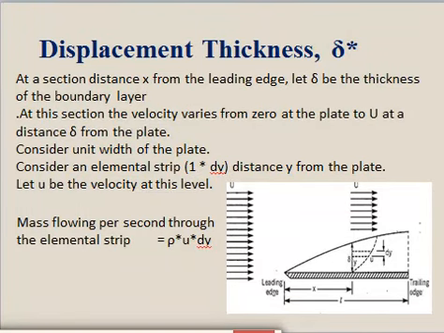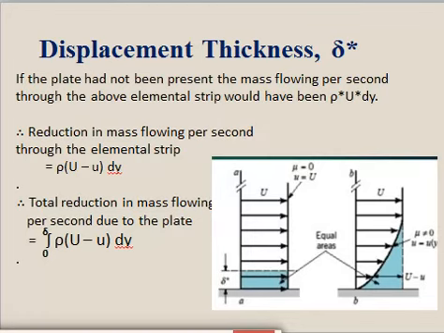Now suppose this plate is absent. In that case the velocity of flow from the entire passage would be capital U, so the mass flow rate would have been rho into capital U into dy. Due to presence of the plate it is rho into small u into dy. Due to absence it would have been rho into capital U into dy.